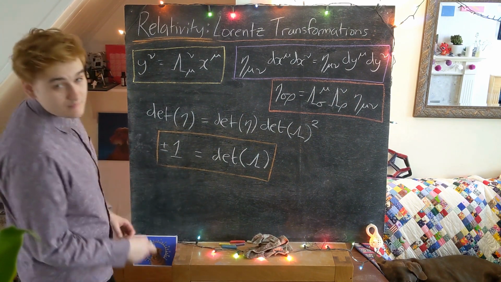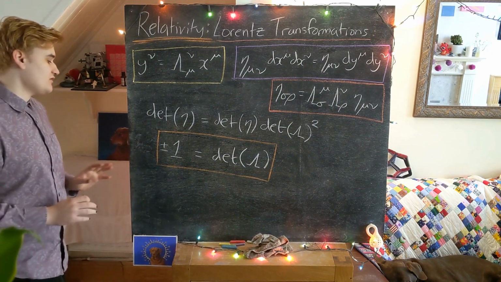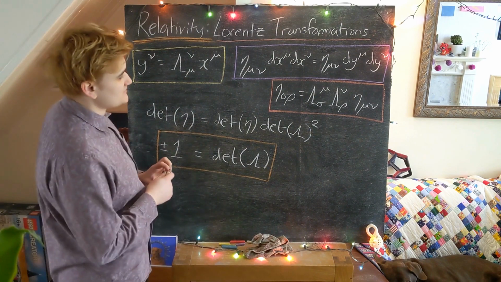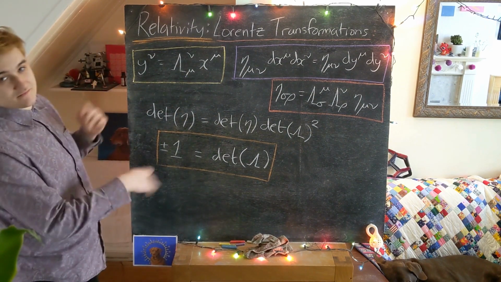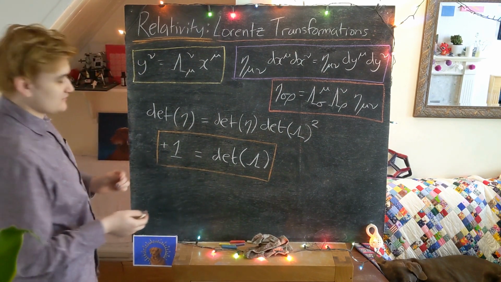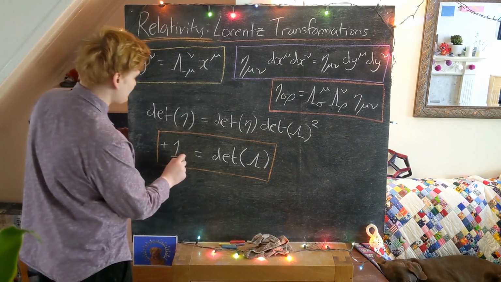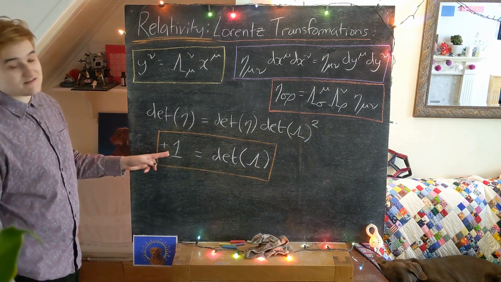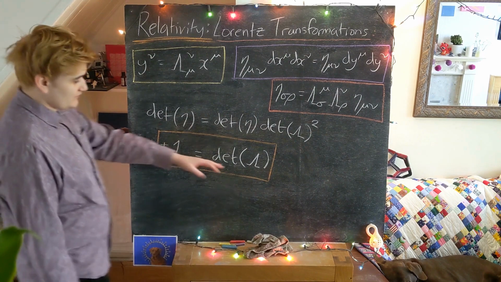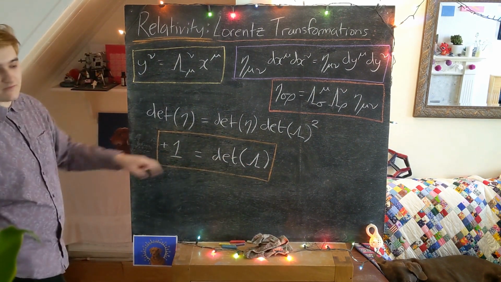The fact that this is a plus or minus, we're going to come back to slightly later on, but for now I just want to note that whether it's plus or minus doesn't make too much of a difference. It just corresponds to reversing the direction of time. But for our case, it's going to suffice to simply consider the case where we have the determinant plus 1. And so we're going to take this to be another requirement that any lambda matrix has to have a determinant of plus 1.